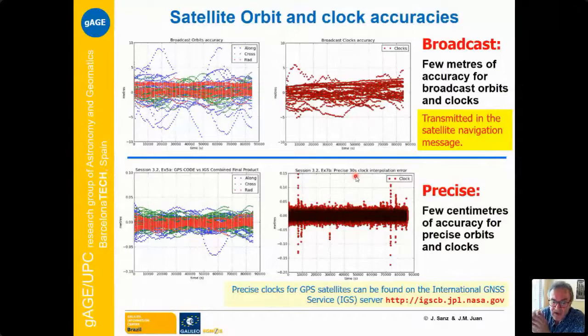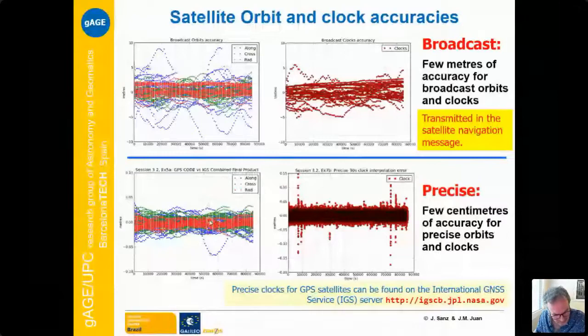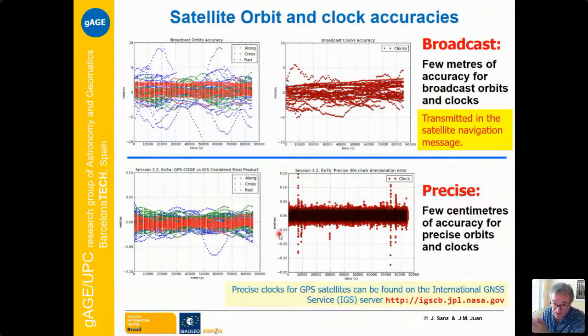For high accuracy positioning, in particular for precise point positioning technique, which we will see at the end, we can use more precise products. These precise products can be computed by some centers, or, for instance, in Galileo, the high accuracy service will broadcast precise orbits and clocks.